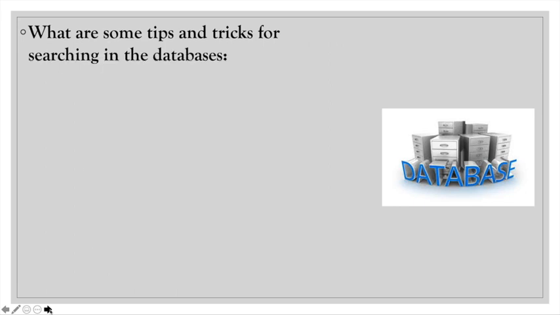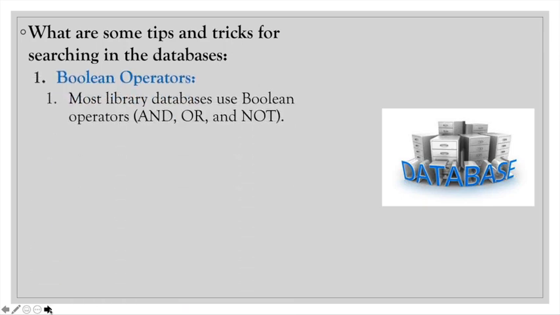In order to better narrow, or in some cases broaden your search, you can use what are called Boolean operators. Most library databases do use these, and they include three terms: and, or, and not. You can use them to broaden or narrow your search.